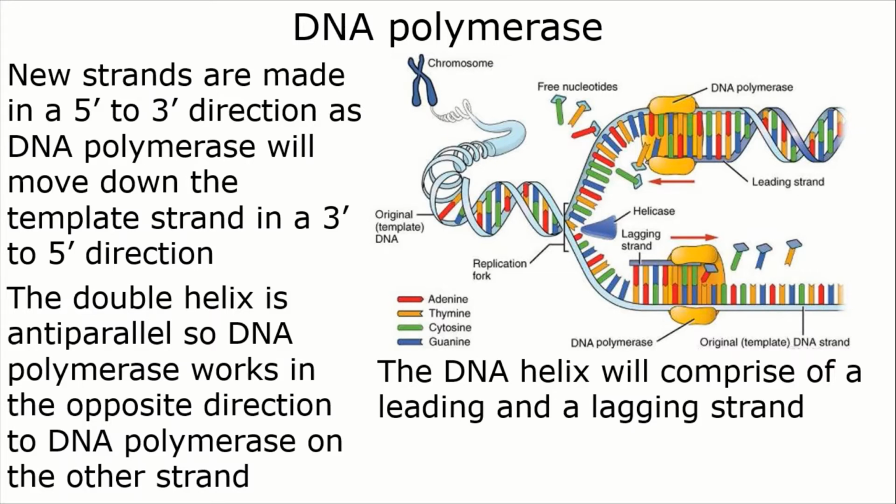And what DNA polymerase will do is it will bind to this new exposed 3' end, and it will create the new strand of DNA by binding to this new 3' end and synthesizing our new strand in its 5' to 3' direction.